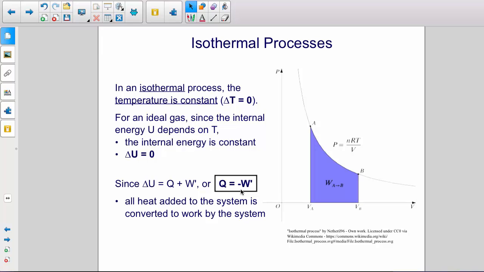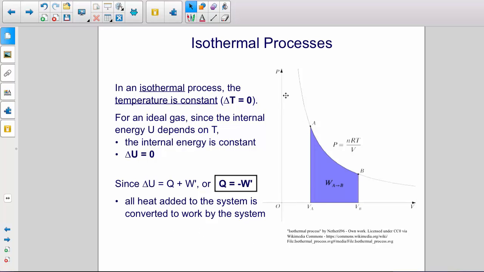Another way of looking at that is the heat into the system is work done by the system. So all heat added to the system in an isothermal process is converted to work by the system.